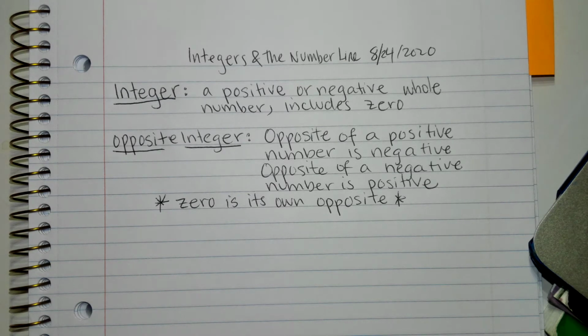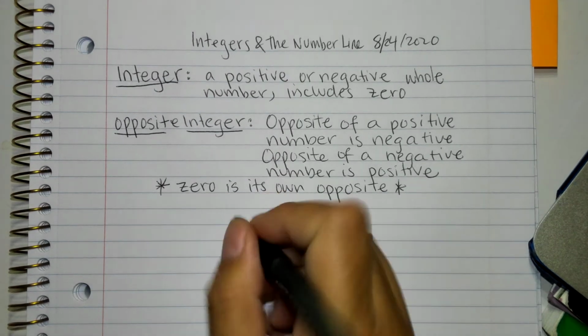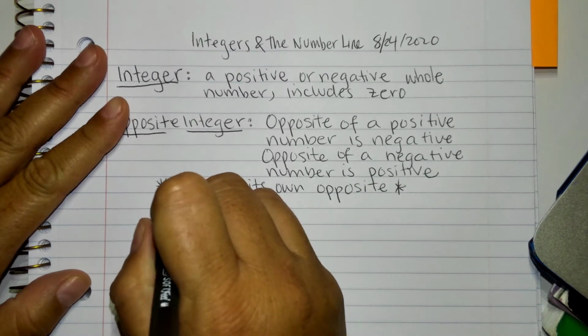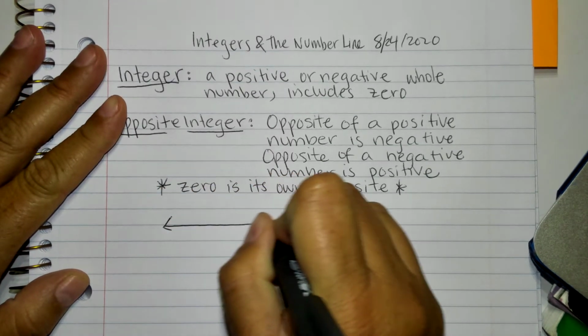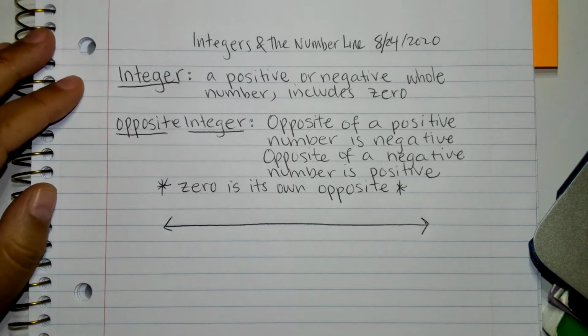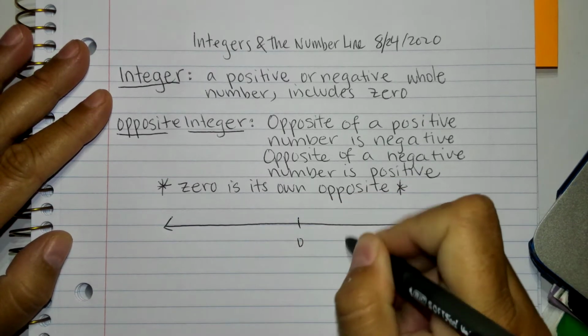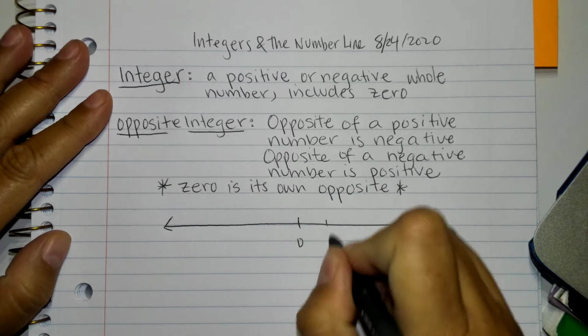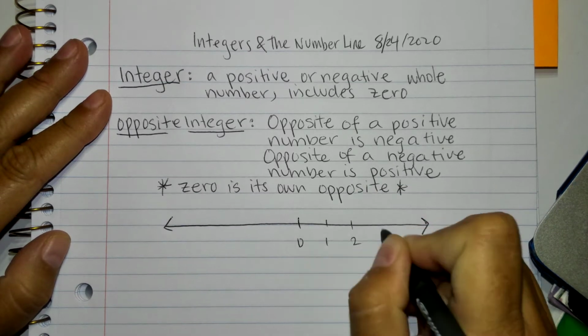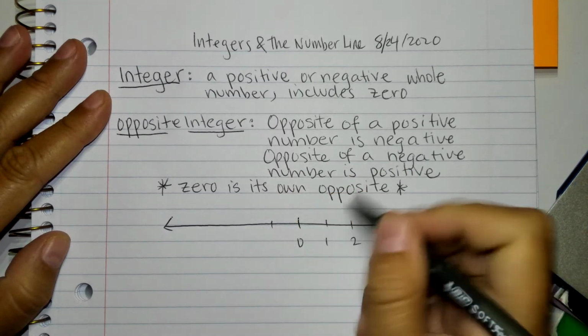Okay, so I'm going to draw a number line using my line here. And I'm going to label it through 4 and -4.